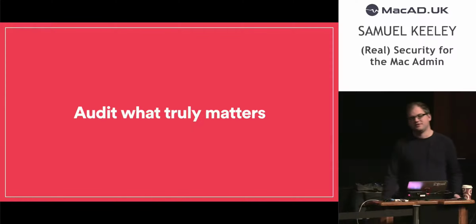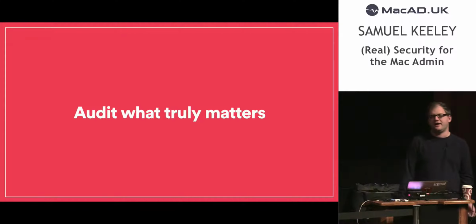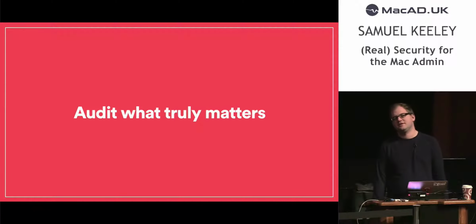Audit what truly matters. Instead of just imposing things, audit what actually matters to you, whether that's through logging or through something as simple as having extension attributes in your JSS, or Facter and Puppet, or something to evaluate things about the machines that you really do care about that you might want to fix if they aren't in the state that you desire.